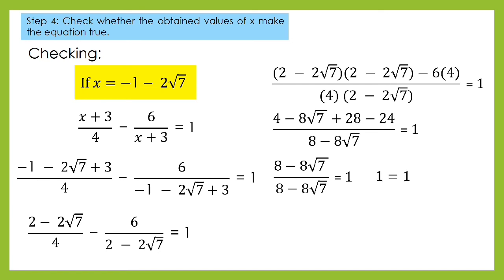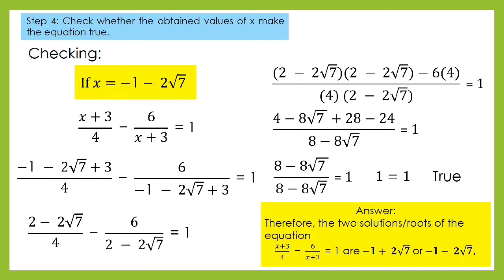Simplify. 8 minus 8 square root of 7 over 8 minus 8 square root of 7 is 1 equals 1. They are equal, so that is true. The second root satisfies the original equation.